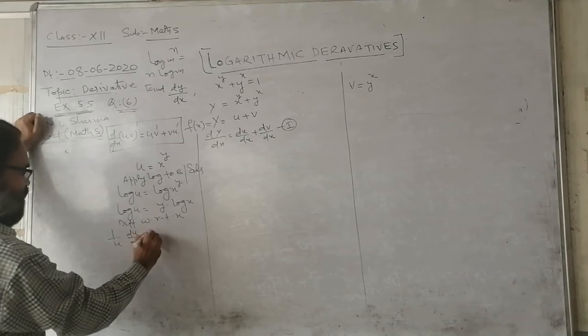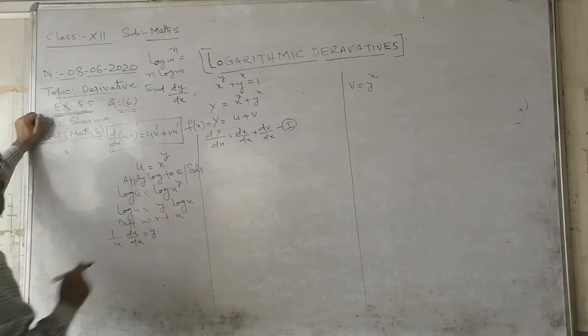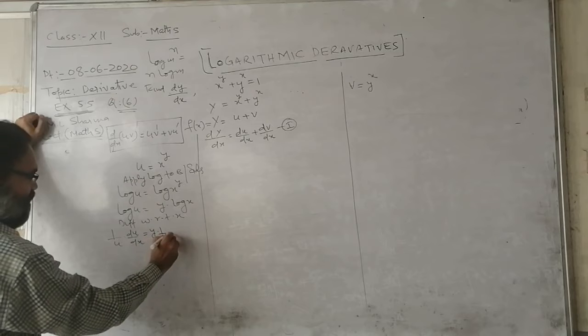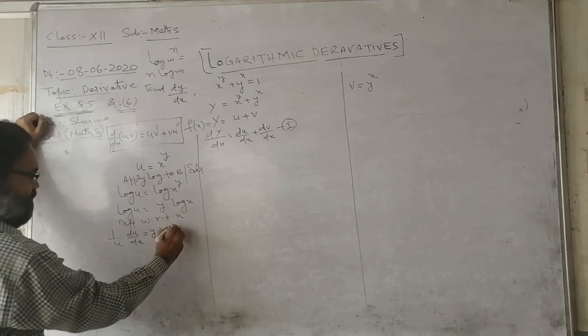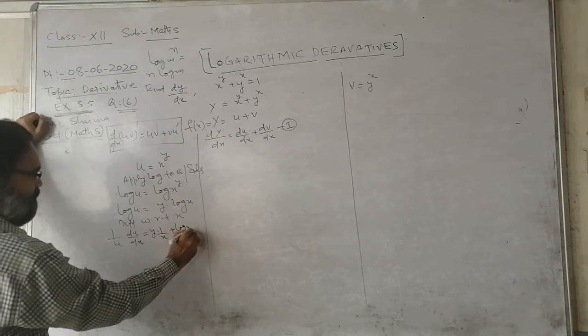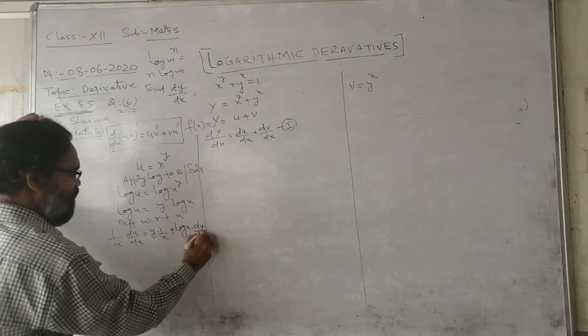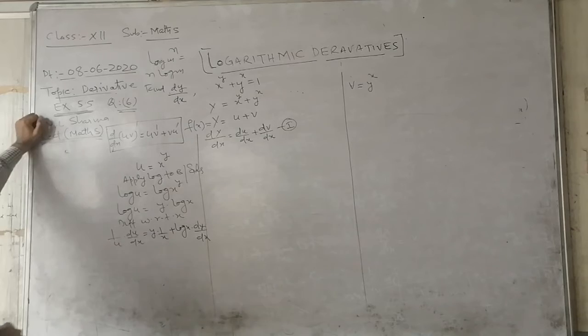So this will be first function into derivative of second. So the derivative of log x is 1 upon x plus second function into derivative of first, which will be dy upon dx.